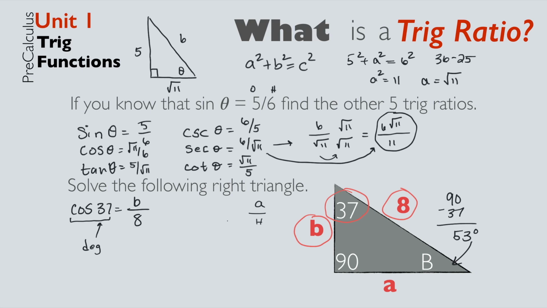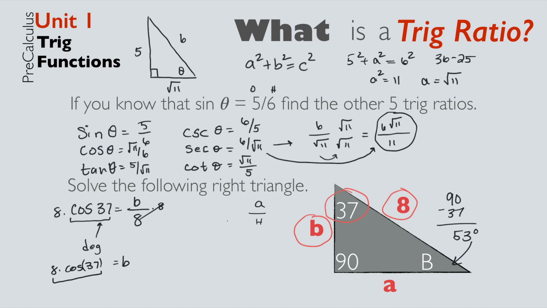I'm going to do this, and this is an equation. So we're going to solve for b, right? So we're going to multiply both sides by 8. That's going to cancel out here, and b is just going to be 8 times the cosine of 37. And I recommend you multiply it in that order. If you put the 8 at the end, you tend to run the risk of not closing that parentheses and putting it inside the cosine, and then it's just all going to be bad from there. So do it this way first.